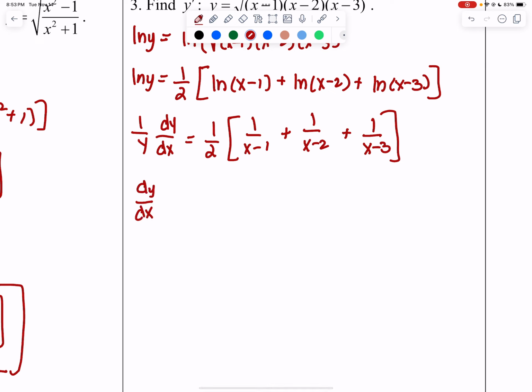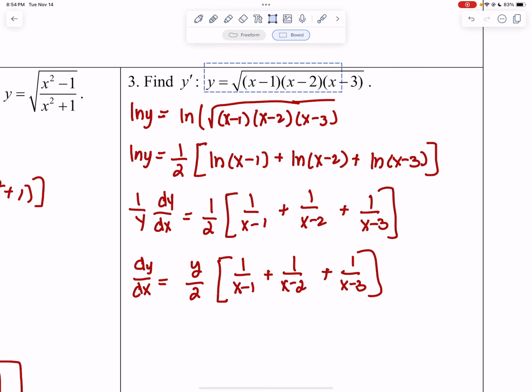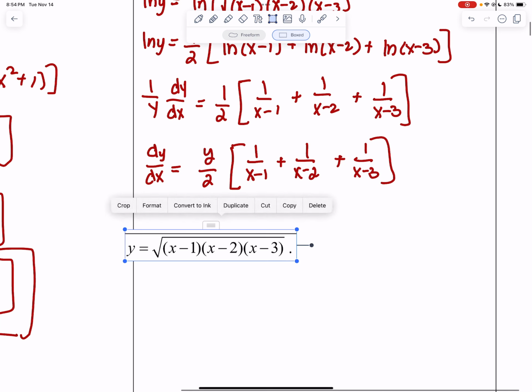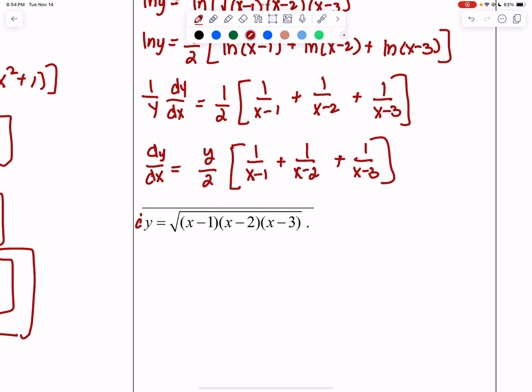So that means multiplying by y. And because y is already solved for us, you are going to go ahead and substitute this right here into the derivative in your final answer. So dy/dx is equal to that lovely thing divided by 2 times this lovely thing that we found right here.